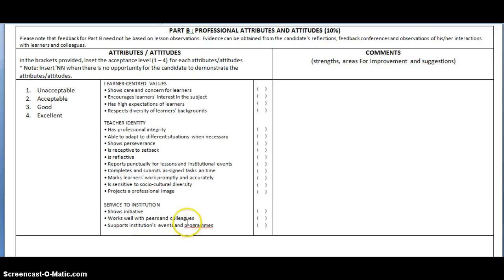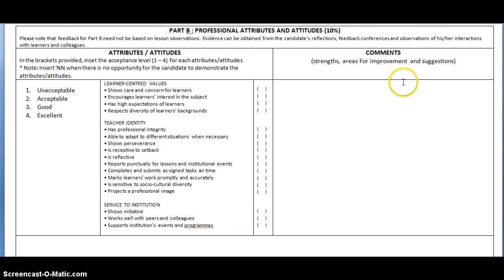Right? So these three, I might just talk to you about it. I need to interview you because I need to see actually how you work with your peers and colleagues. Peers here will be those who are in the same course in the classroom, but colleagues, okay, so we will talk so I know how you do in this section.